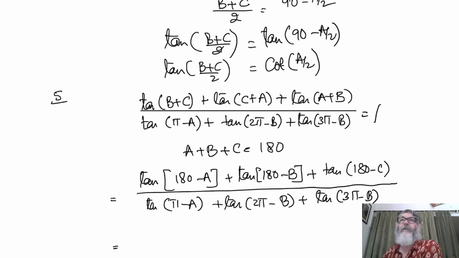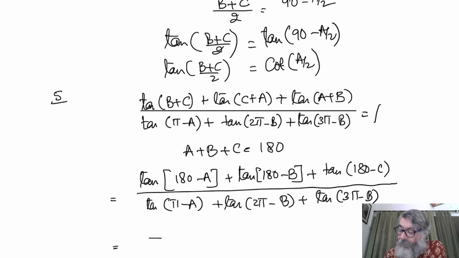tan(180 minus theta) means it is going to come into the second quadrant, because you are subtracting something from 180, and because the transformation is taking place along the x-axis, tan will remain tan. But in the second quadrant tan is negative, because only sine and cosec are positive.